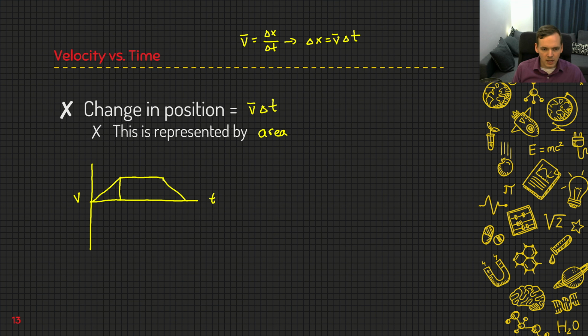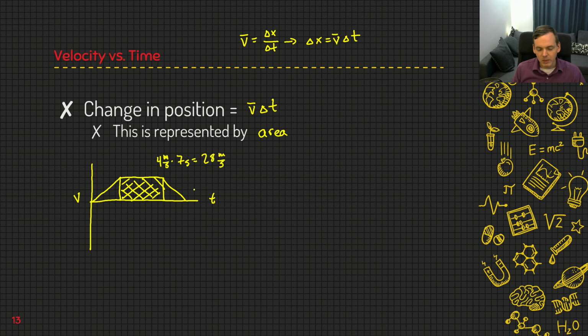So from this time to this time, if I calculate that area, that will tell me how far the object has moved in this time interval. So in this case, it's 1, 2, 3, 4 meters per second times 1, 2, 3, 4, 5, 6, 7 seconds, and that gives me 28 meters.